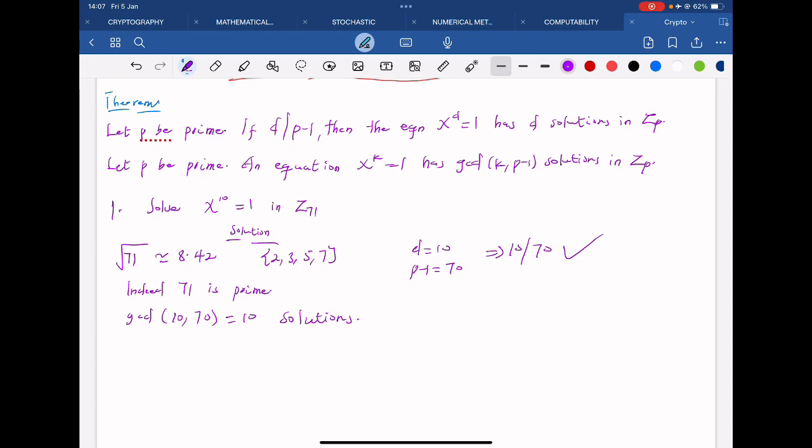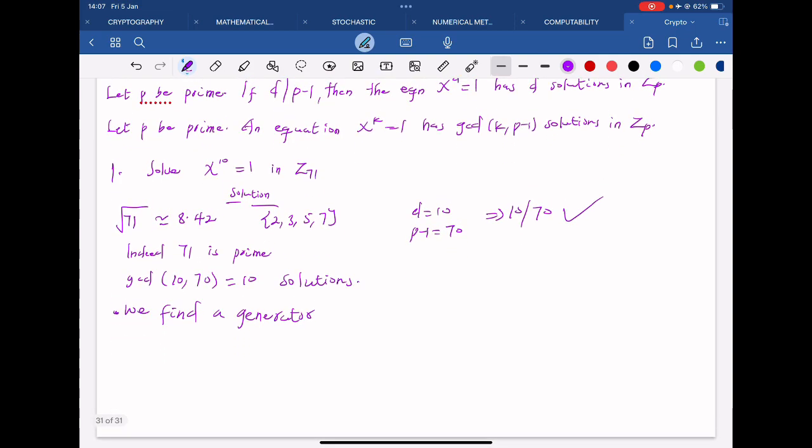So the next step is we find a generator. Finding a generator is a bit tricky, so please pay attention.